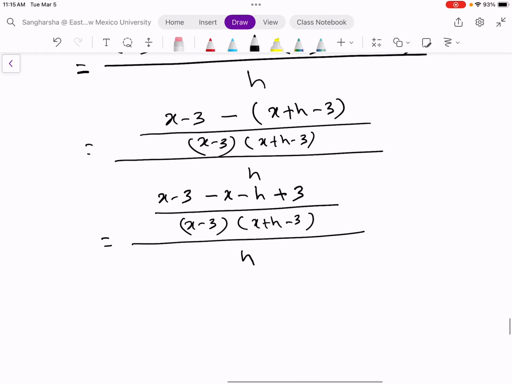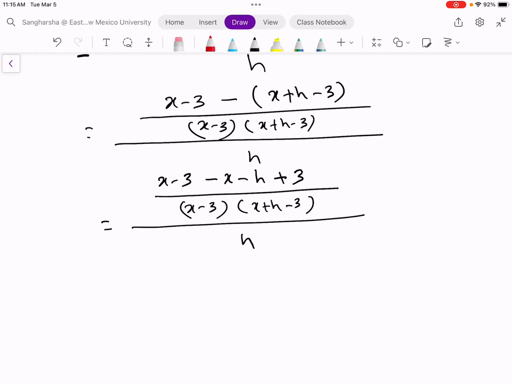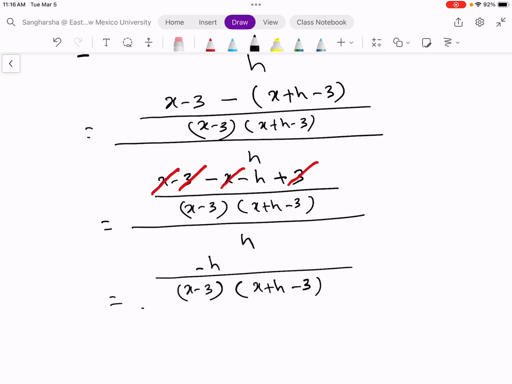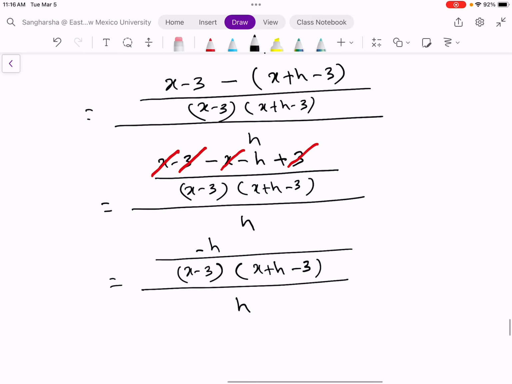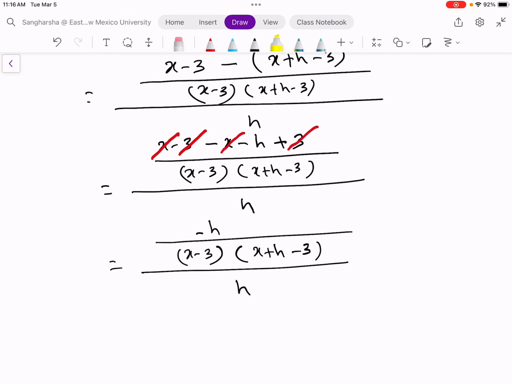Okay, we distribute the negative sign. Now here, positive x, negative x, that is 0, negative 3, positive 3, that is 0. Okay, so we are left with negative h divided by x minus 3 times x plus h minus 3, divided by h.